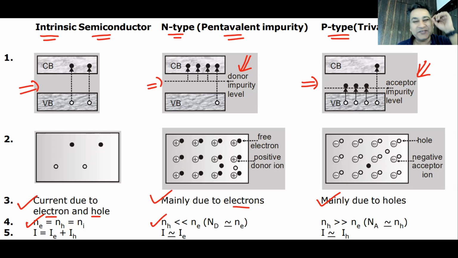Here number of holes is very, very less. Here number of holes is very, very high. Here the total current is hole current plus electron current. Here total current is almost equal to electron current. Hole current is very less. Here the total current is almost equal to hole current. Electron current is very less. Do we understand this?